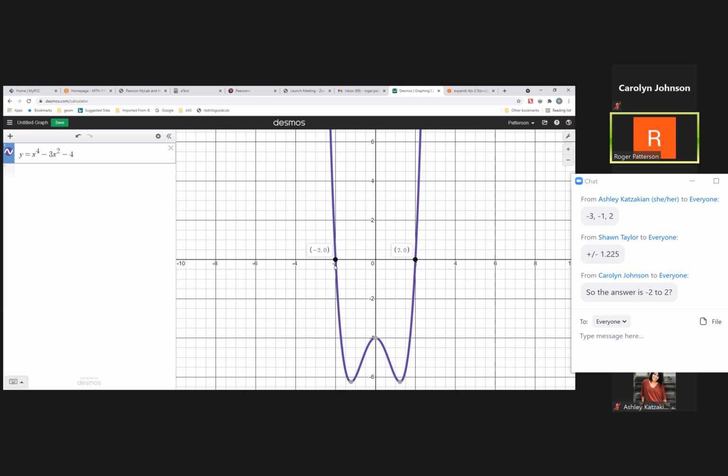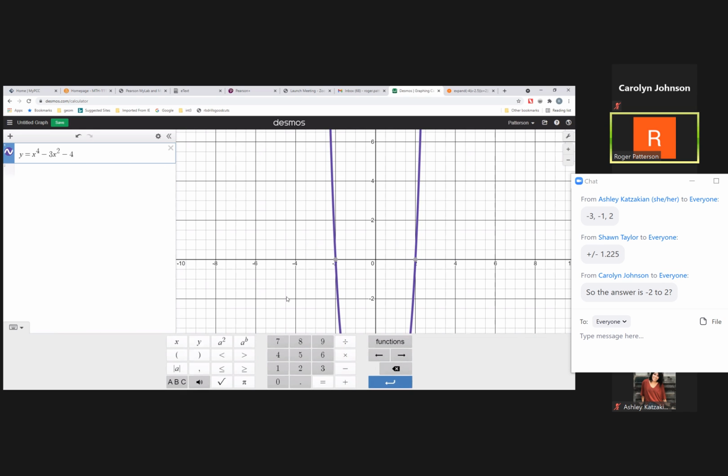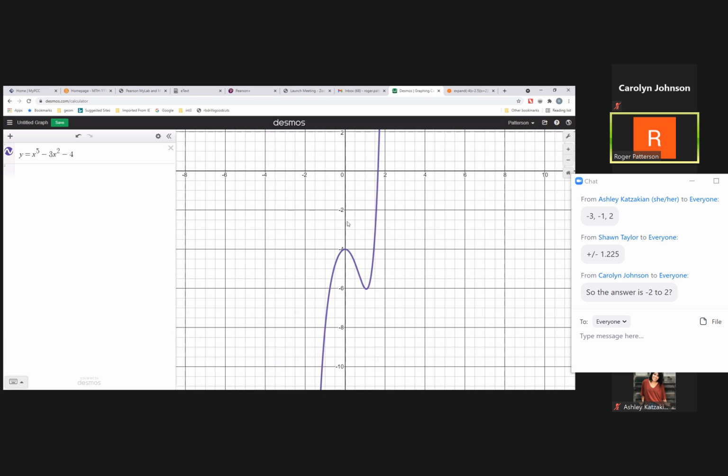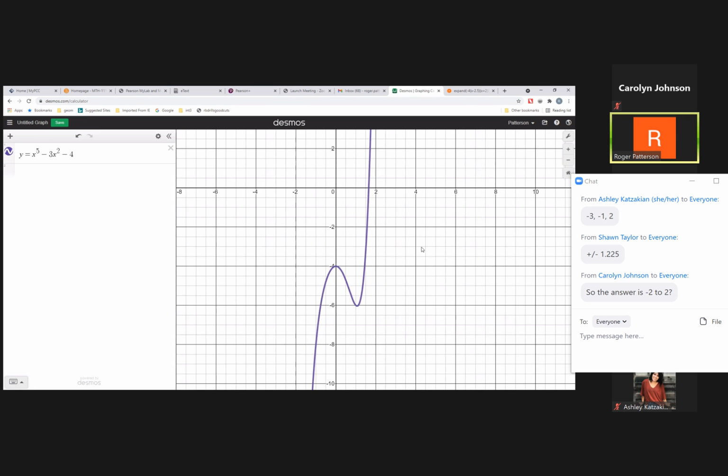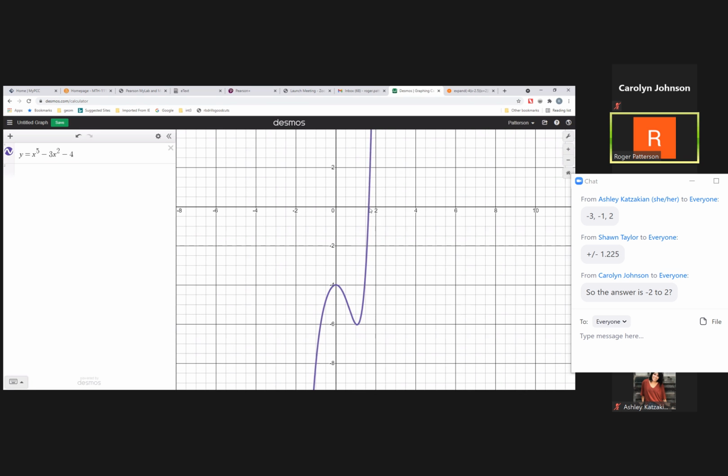If it was to come down and around, so let's say this is x to the 5th, then I would say that it doesn't have a bound. Here, 1.648 is the only number, the only one that there is.